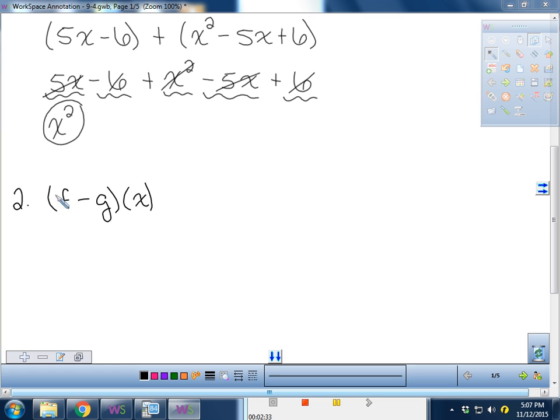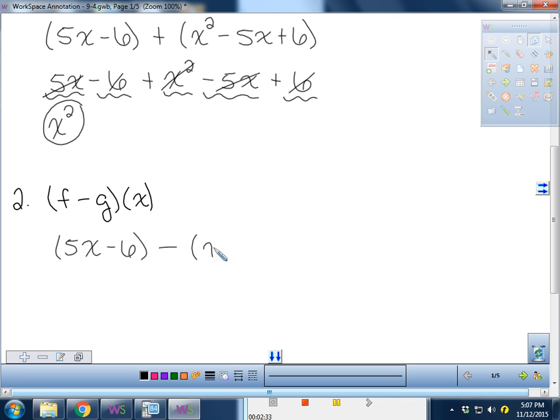All right, so this is the same thing, only instead of adding f and g, we are going to subtract. Again, we are not multiplying by x. This is just a notation. All right, so I'm going to take the f function. That would be 5x minus 6. And I'm going to subtract the g.